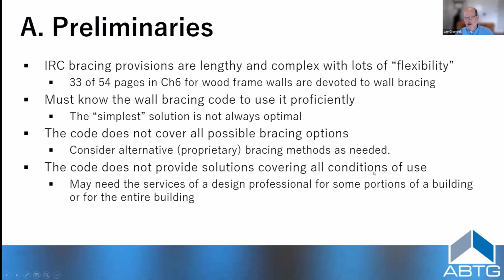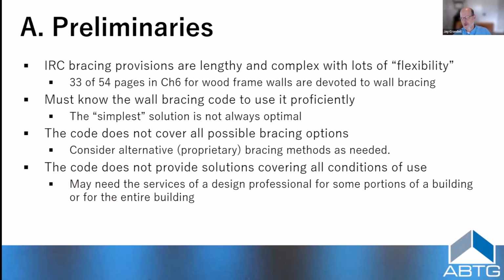In other words, if you're in South Miami, Hurricane Central, with very, very high design wind speeds, it's not that these systems can't be used in that application with the right design. The scope of the code is limited to lower wind regions, sort of moderate hurricane down to what you would consider a normal wind hazard.